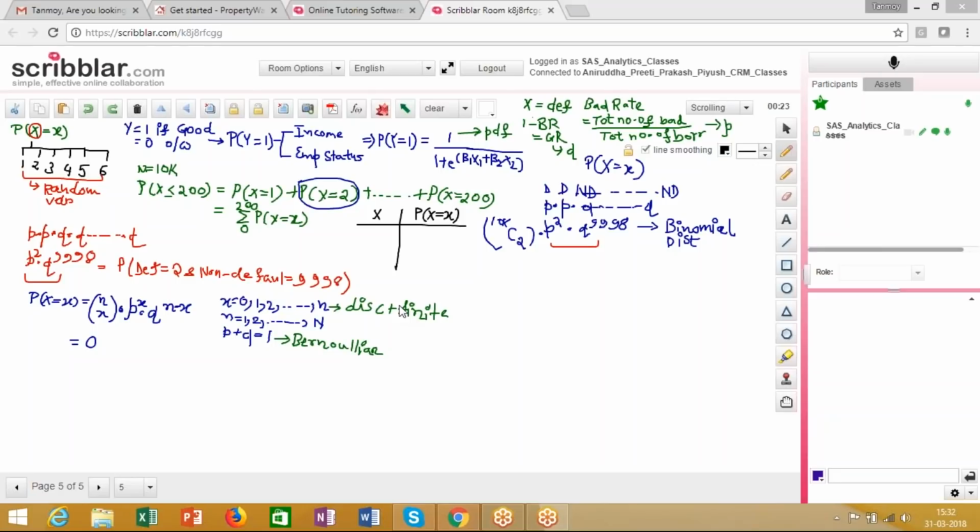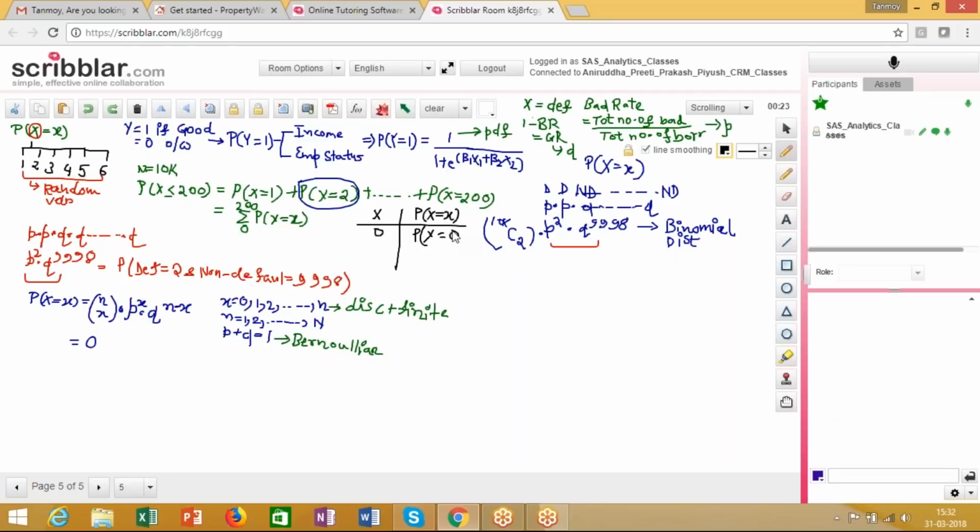So now, having said this, you see that if you put x equal to 0, you can compute the probability of x equal to 0 using this particular function, given that the values of n and p are provided to us.